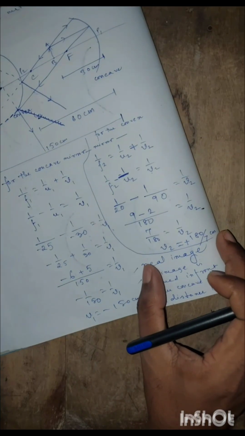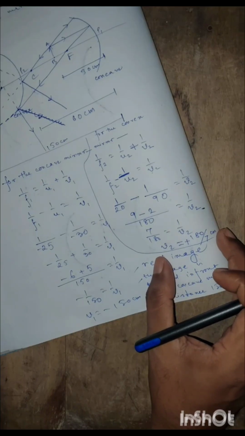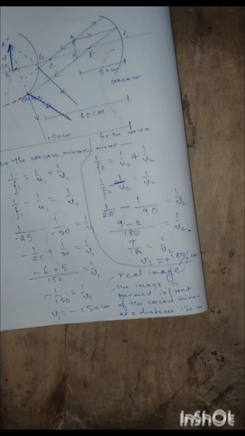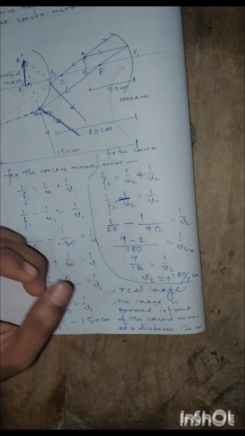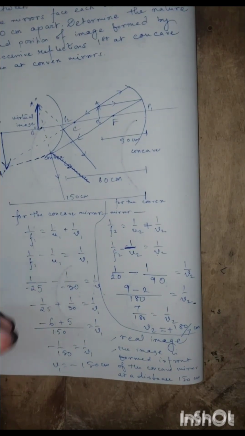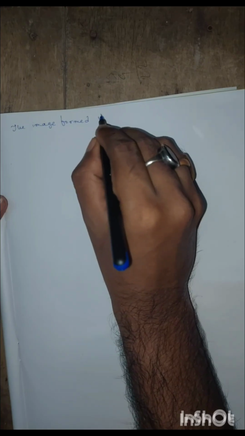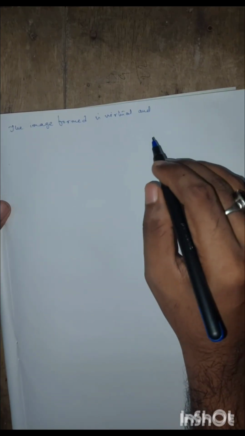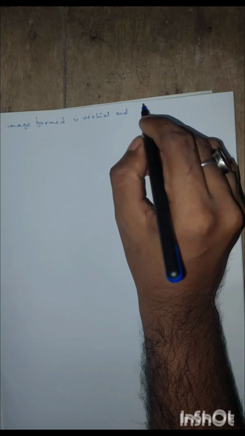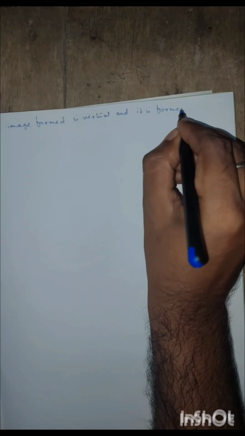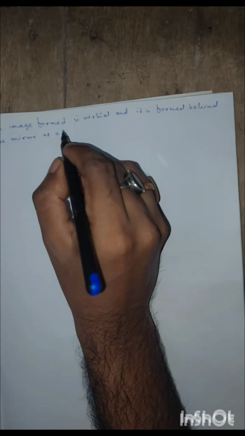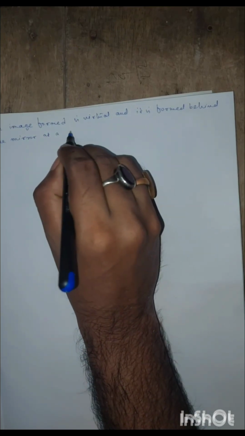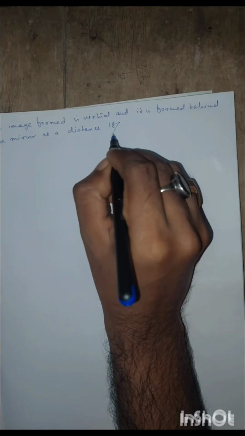So from this result, we can conclude that the image formed is virtual and it is formed behind the mirror at a distance 180 by 7 centimeter.